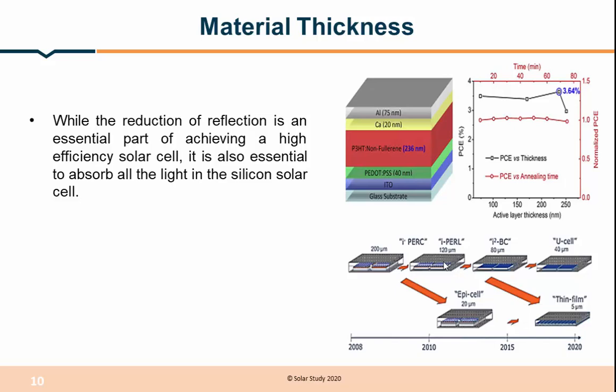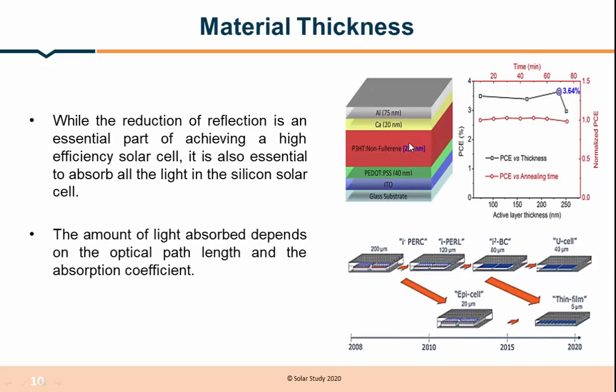Okay, so in that time we have to see what is the maximum thickness of solar cell that can be achieved. While making a solar cell we have to take this into consideration.